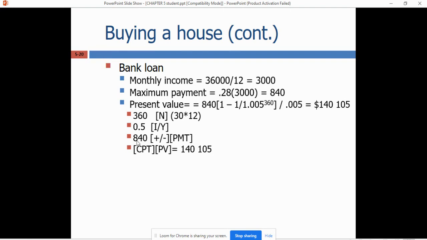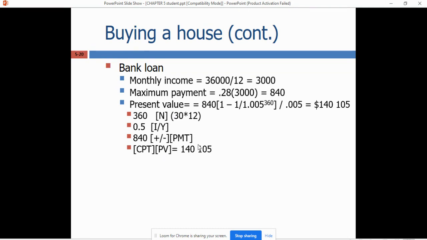So class, if you use the formula to calculate, you can try now. You should be getting 140,105. So this is the maximum loan amount you are eligible to get. Class, n is given, I is given, PMT is given, so you are required to calculate your present value annuity.